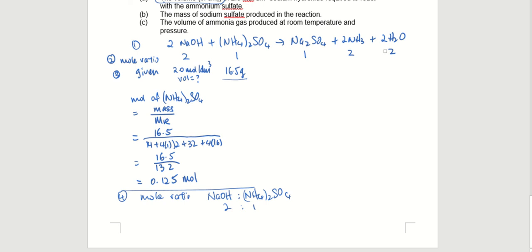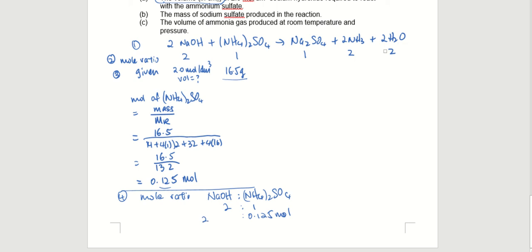2:1. Okay, now we have already calculated the number of moles of ammonium sulfate here was 0.125 mole. Therefore, how many moles of sodium hydroxide reacted?